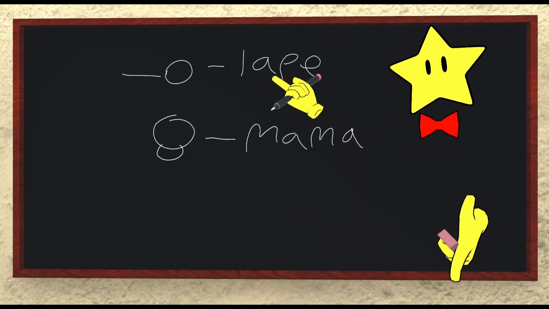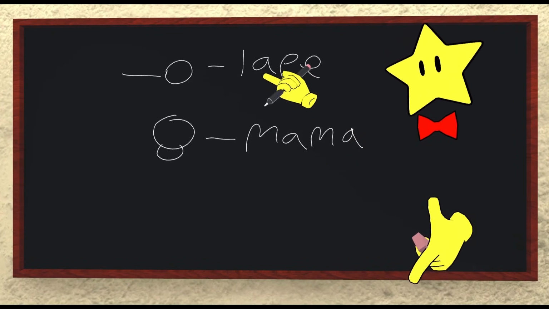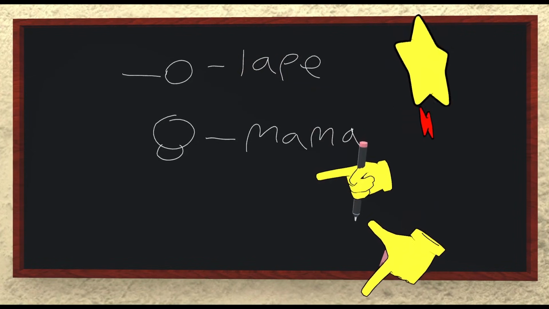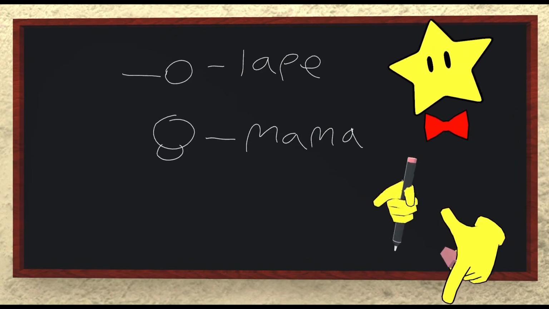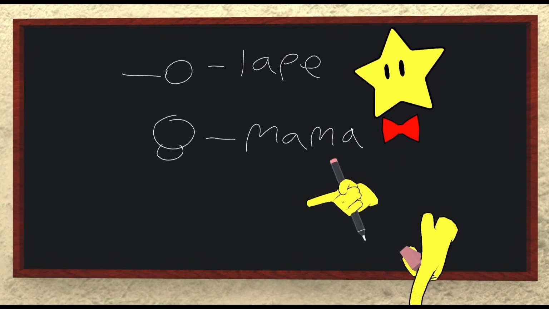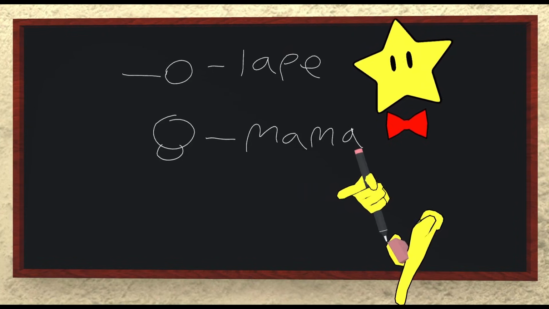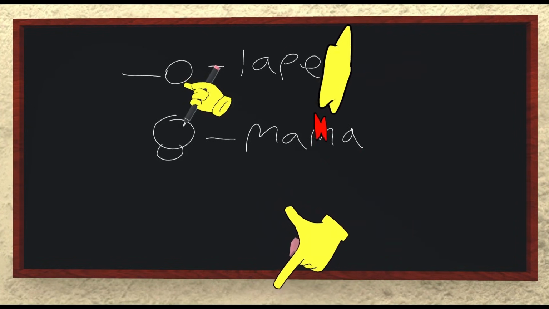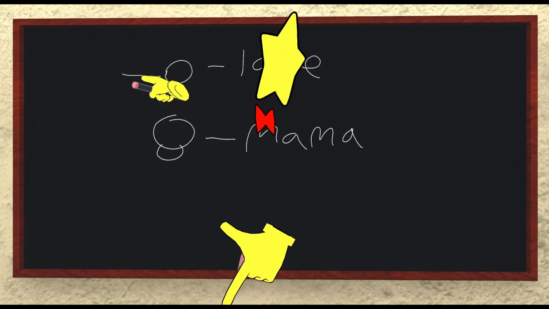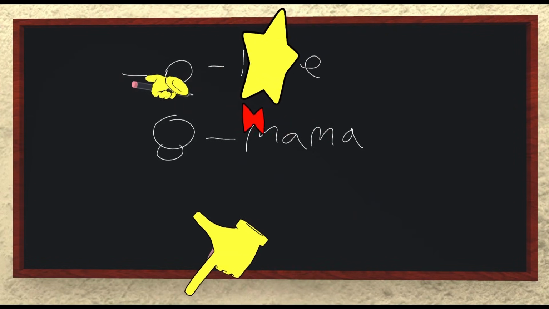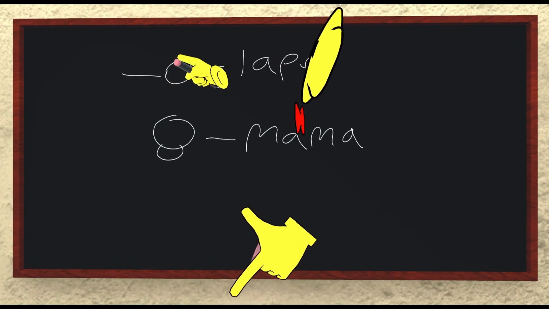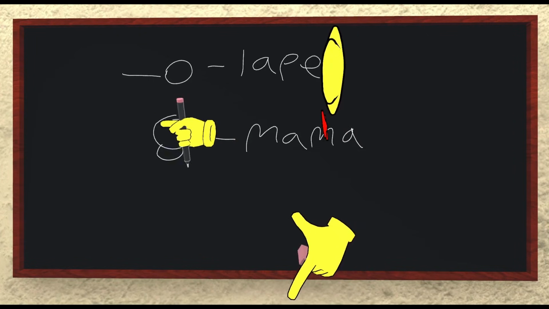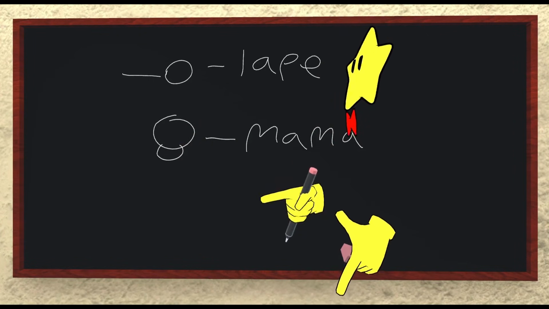So lape refers to the action or the state of resting, napping, relaxing, and mama refers to parents, ancestors, guardians, anybody who is in your family tree who came before you. And to remember how these are drawn, lape is drawn as somebody lying on their back. You have their body laying out to the side and their head, presumably resting on a pillow. And then for mama, you have this circular shape and a smaller circle attached to the bottom.